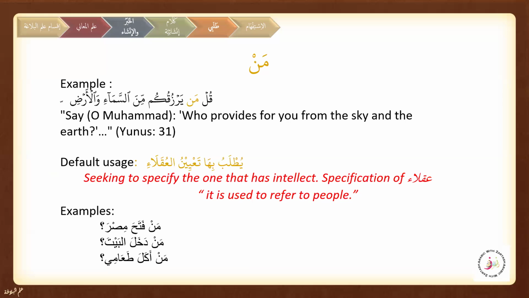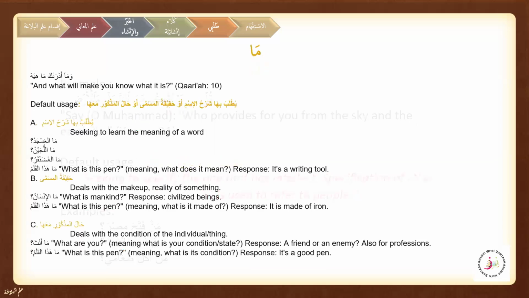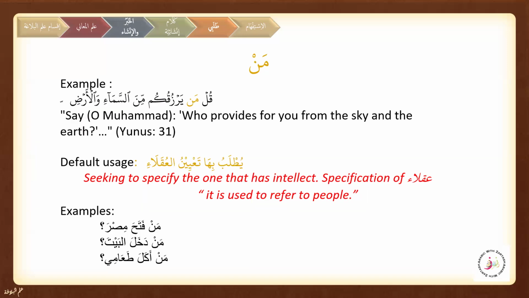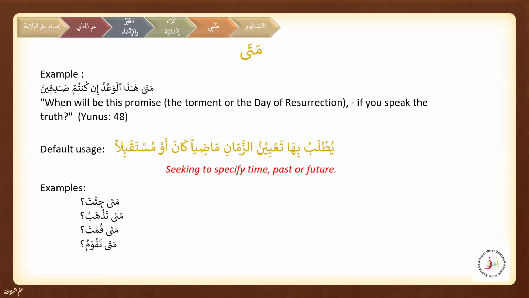So these are the examples for the default use of man, to specify the one that has an intellect. Ma is for the non-living things, and man is for the living things, you can say.